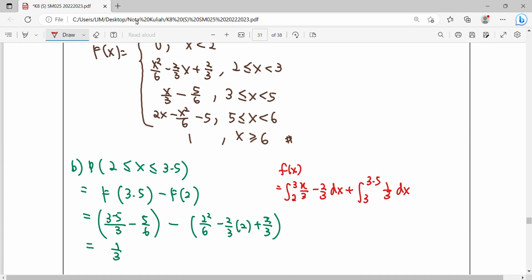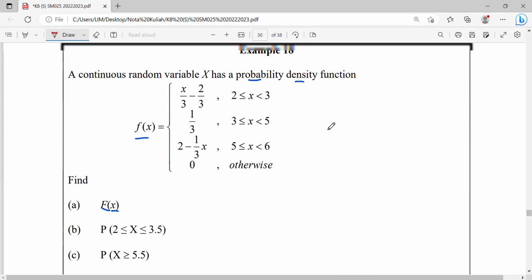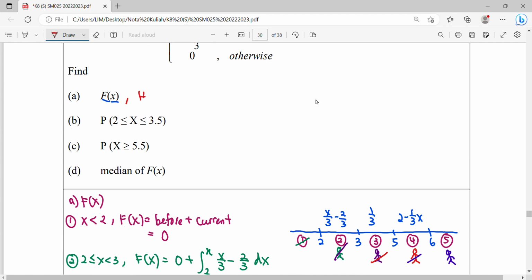So pilihlah nak F besar ke F kecil sebab soalan ni tidak terhad. Kalau soalan tu ada perkataan hence, if you're finding this, then hence means you have to use F besar. You have to use what have you get from the first result. Continue with that result. So be careful with the questions.